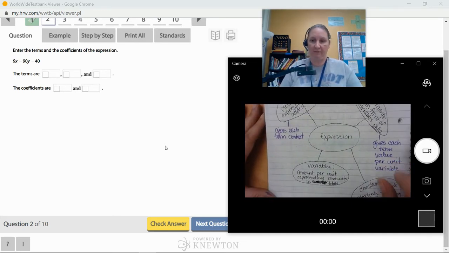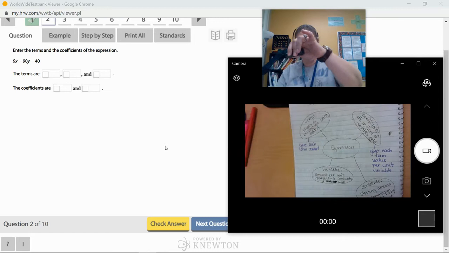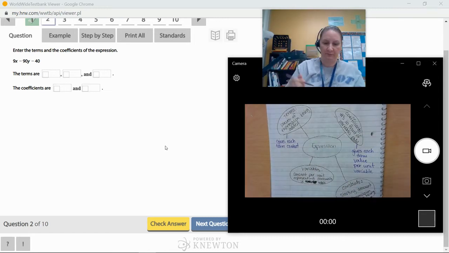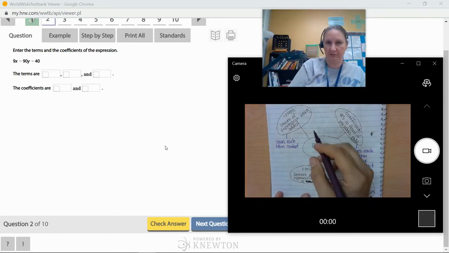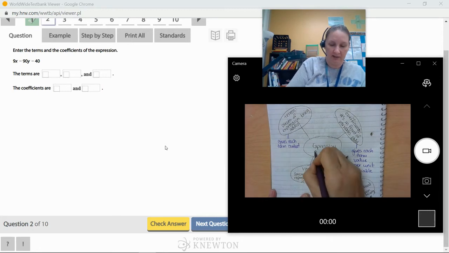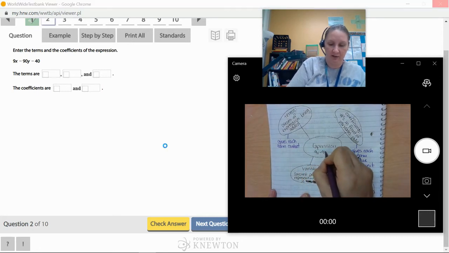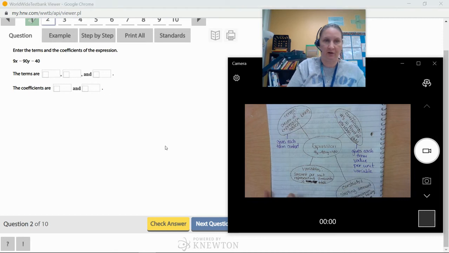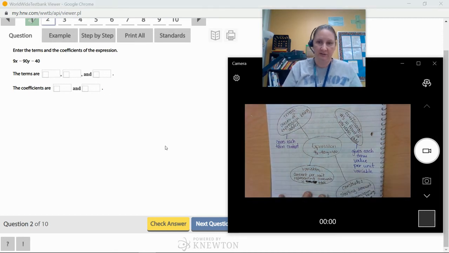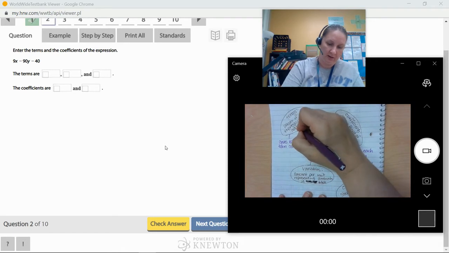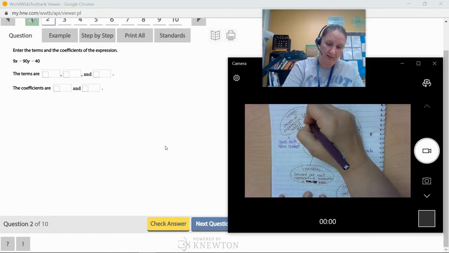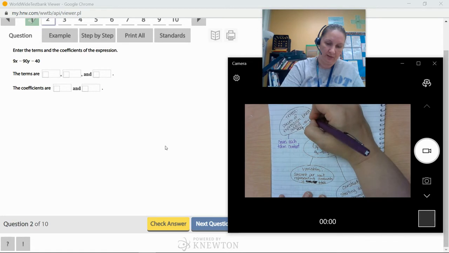So here's a graphic organizer to help y'all. You would put your expression in, and your expression would be, say, 9x minus 90y minus 40, which is the problem that's on there. Then you would decide, well, what are the terms? The terms are 9x, comma, negative 90y, comma, negative 40.